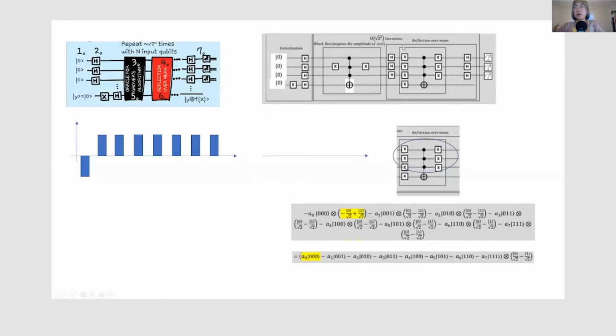Look at the second part of the algorithm, this other box. This is like the oracle earlier, where you now have the X gates for all 3 of the input qubits.